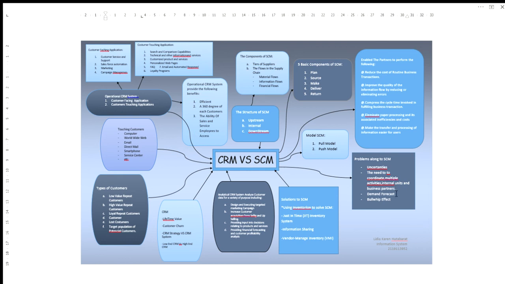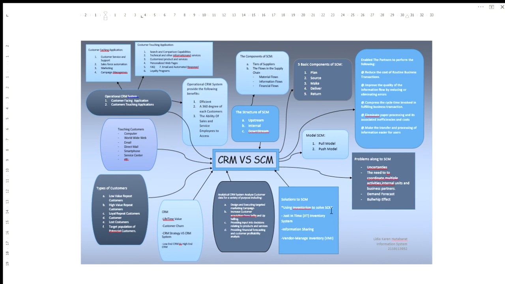Next, demand forecast, such as in certain seasons like the end of the year, when we produce a lot of goods to be sold later. But due to economic factors, fewer customers buy, causing the company to suffer losses. The bullwhip effect is a condition where problems arise without us being able to prevent them.